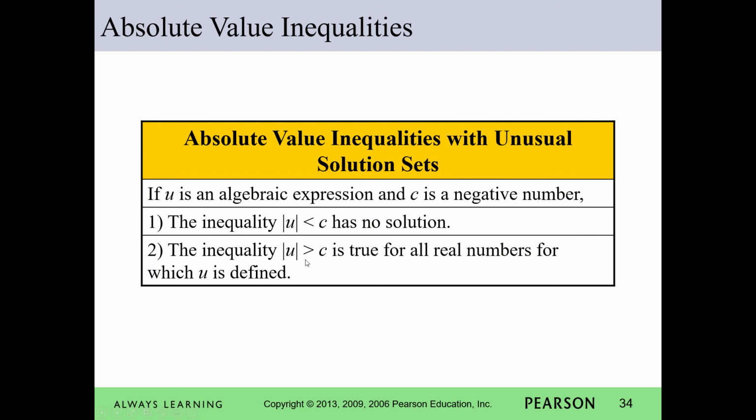Or if you have the absolute value of something is greater than c and c is some negative number, that's always true. That makes sense logically, right? Absolute values are always positive numbers. So a positive number can't ever be less than a negative number, and similarly, it's always going to be bigger than a negative number. So if you ever have the absolute value is greater than or less than a negative number, you can solve it without any work.